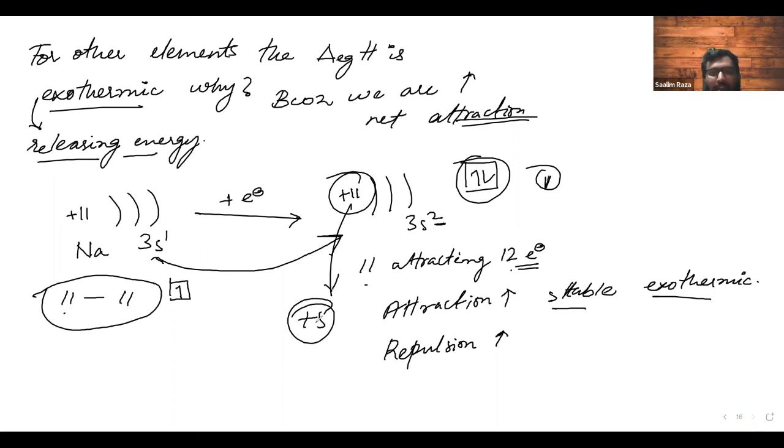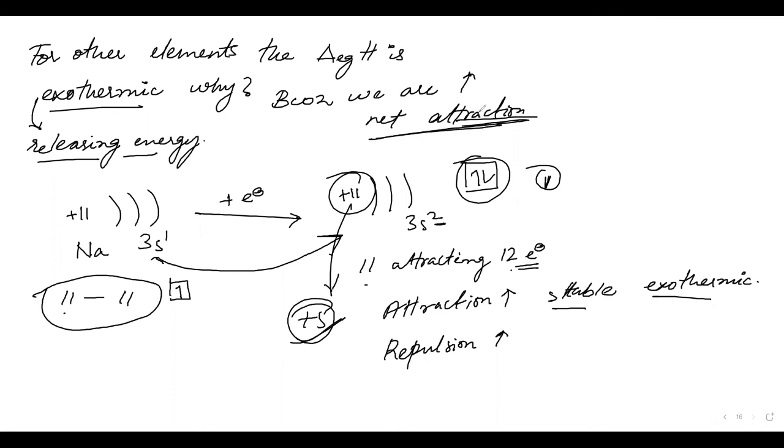One electron or 5 protons? 5 protons. So the net attraction has increased, even though repulsion increased some bit, but as a whole attraction increased.